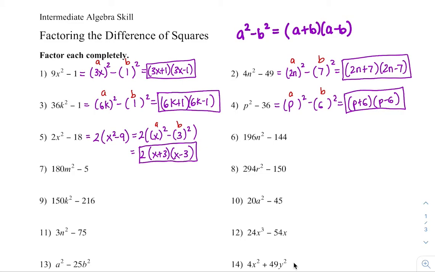Number 6. Now these have bigger numbers, but what goes into 196 and 144? And it's 4. So we factor out a 4, and we are going to get 49n squared minus 144 divided by 4, 36, I believe. Yeah.